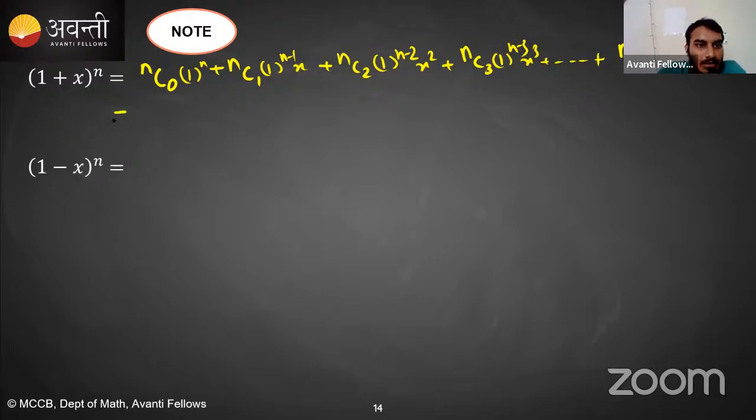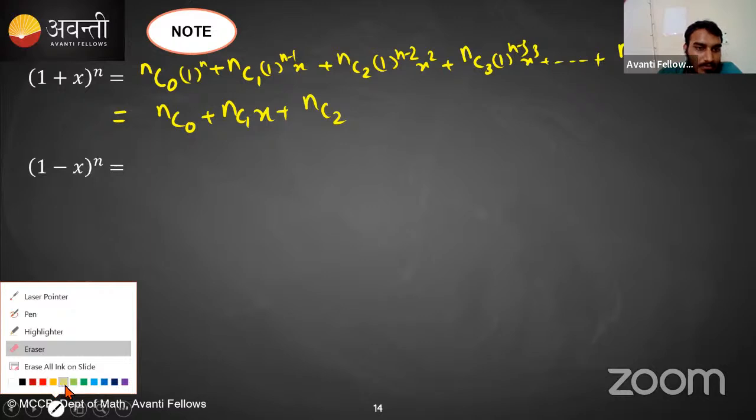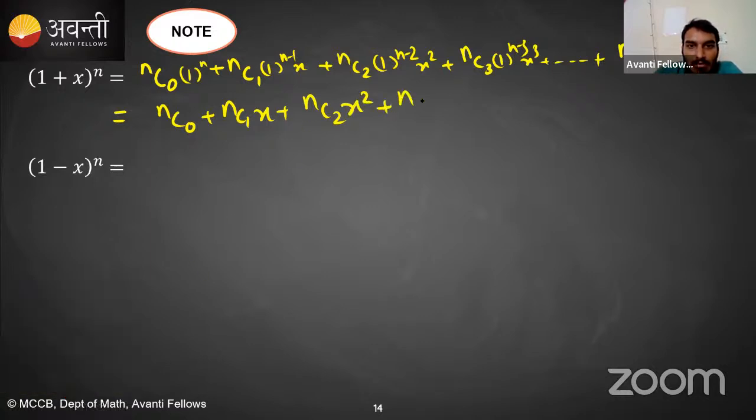Clear? So it can be written as nC0 + nC1 x + nC2 x^2 + nC3 x^3 up to nCn x^n. Is that clear?